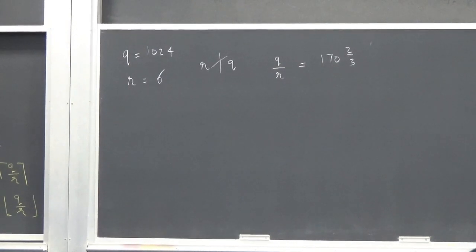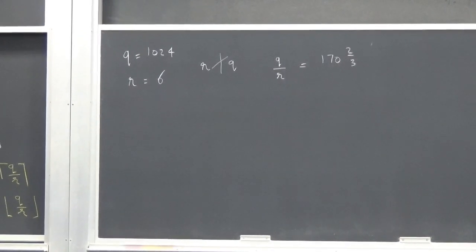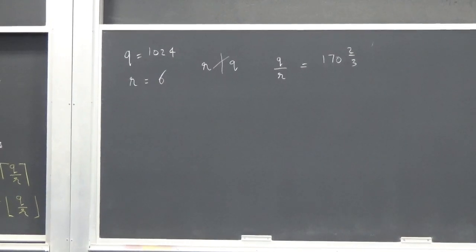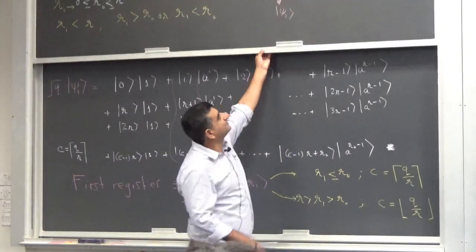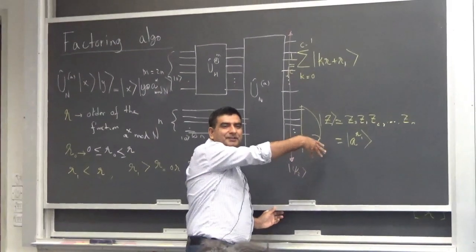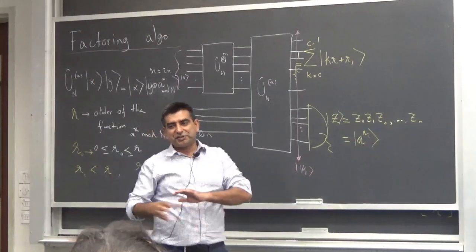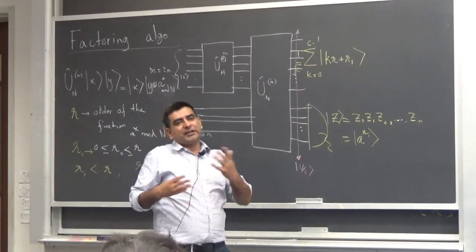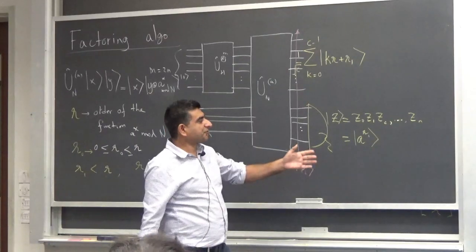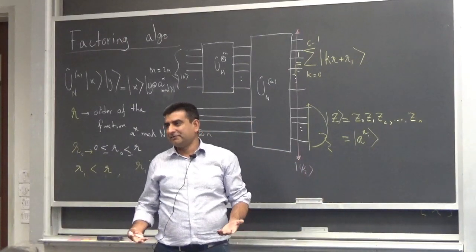So now what do we do with the first register? Somehow we need to extract R out of it. We don't care about R1 because R1 is totally random. You do a measurement on another run of an experiment, you initialize your qubits in the same initial state, you do another run. Since you are collapsing a superposition, it's possible that in the next experiment you get a different R1 and so on.